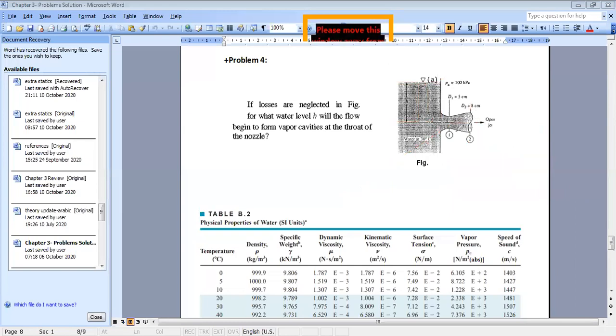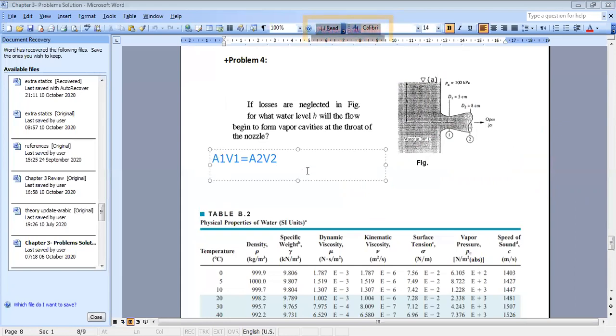First, we will start by relating V1 and V2. As we said, from continuity, A1 V1 is equal to A2 V2. The diameters are given at section 1 and section 2.